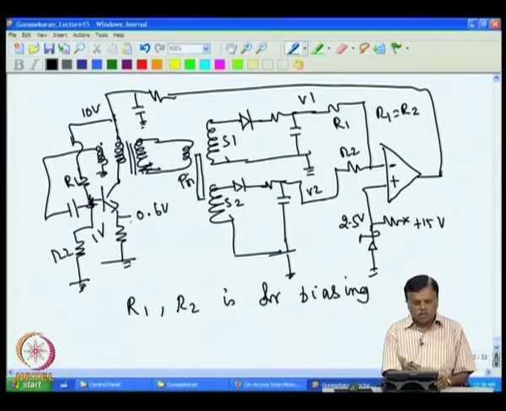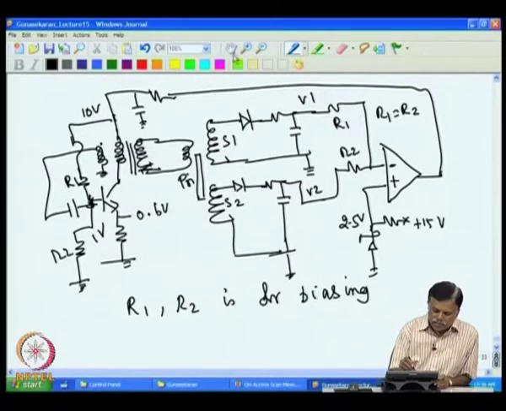So, as soon as I switch on, the voltage at this point increases, that increases the current through this, and that current is flowing through this. As the current increases, the magnetic field across this increases. Increasing magnetic field produces a positive voltage here, because we adjusted the dot polarity like this.